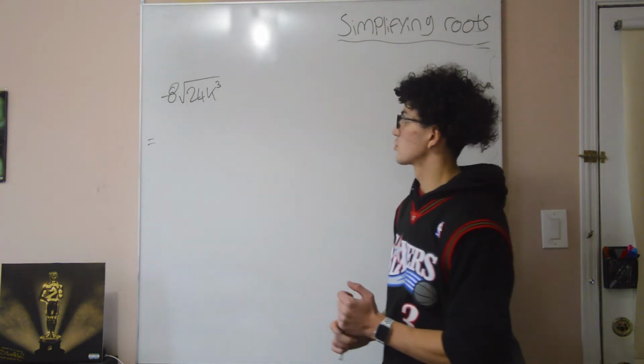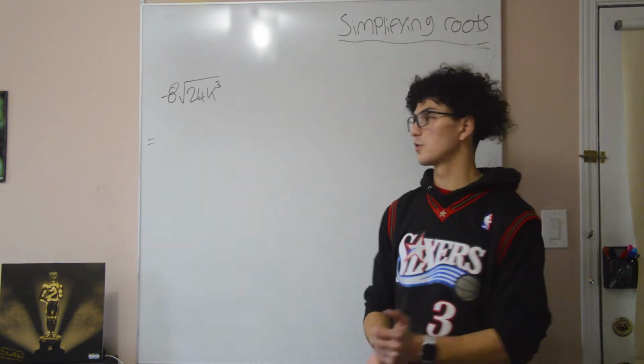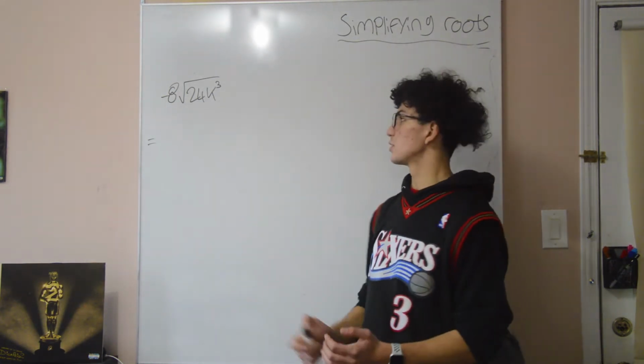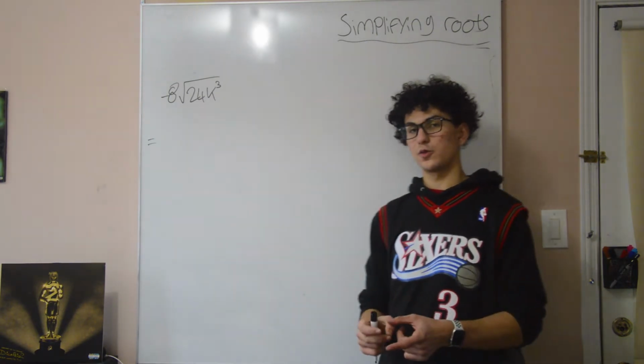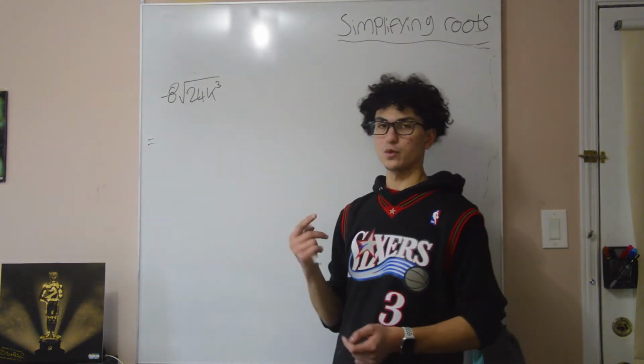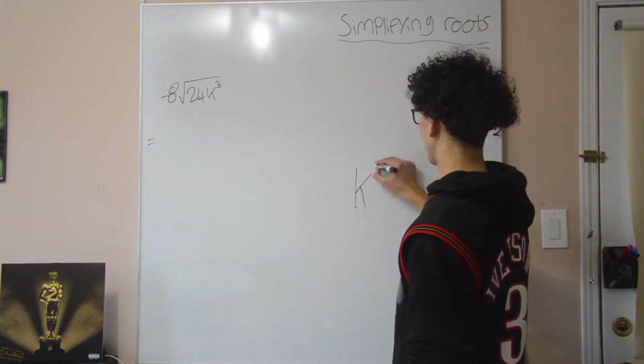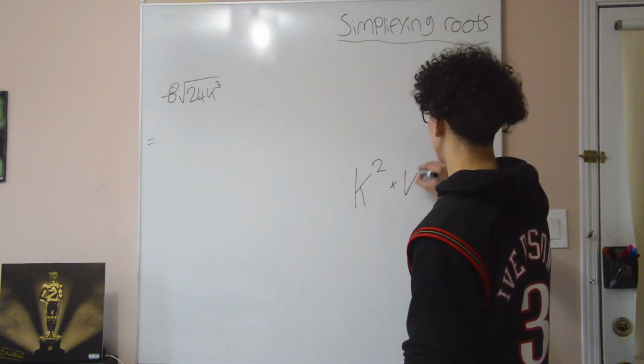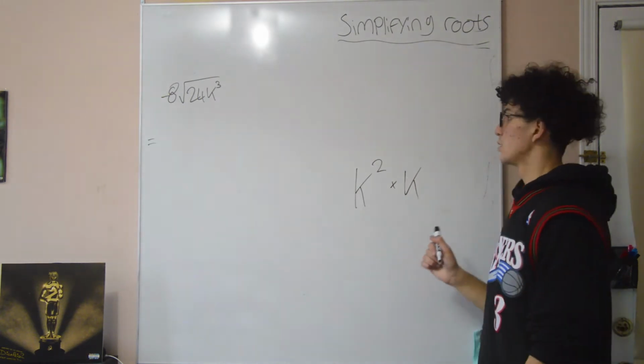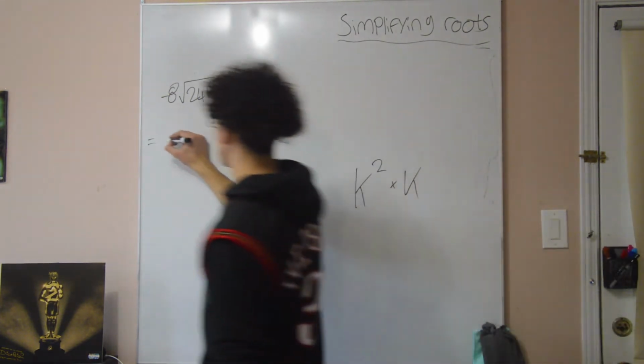Negative 8 times the square root of 24 times k to the 3. Now, what I was saying earlier is we want to rewrite k to the 3 to satisfy our root. So in this case, it's a square root, so we can rewrite k to the 3 as k squared times k. So just like that, that's how we're going to rewrite it.